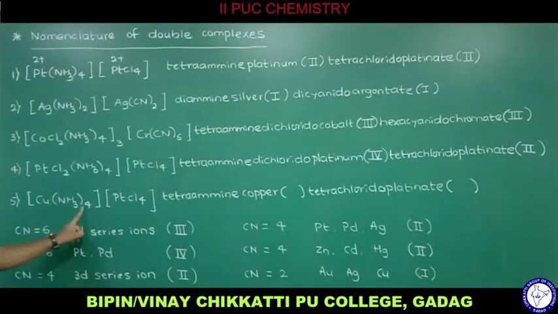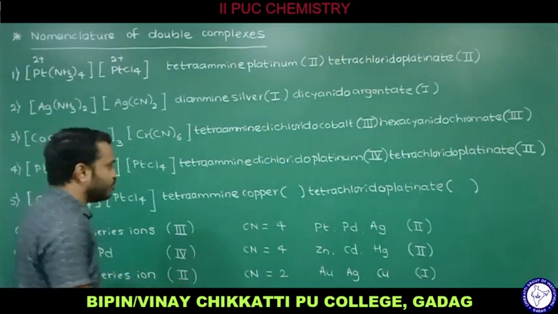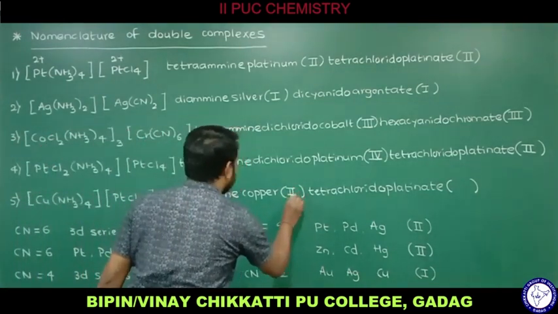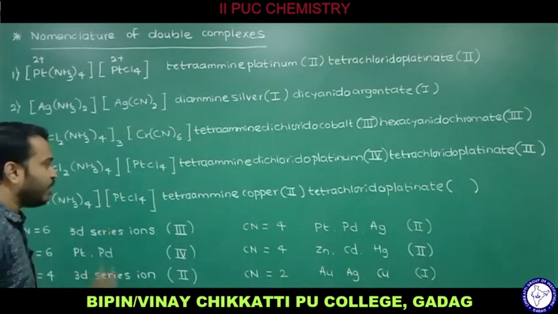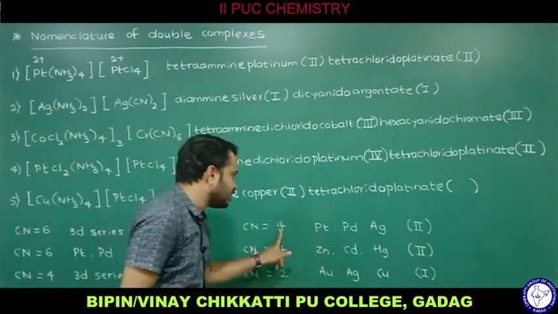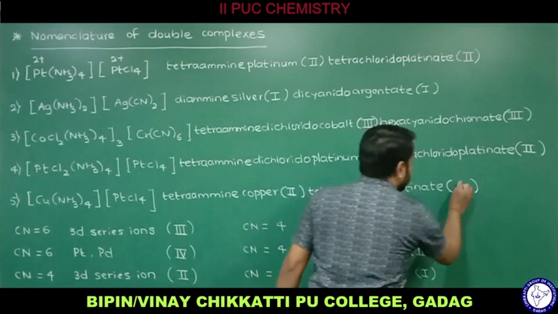Copper we have, and the coordination number is 4. Copper belongs to the 3d series. Oxidation number would be 2. PtCl4, coordination number 4 we have. Platinum we have, coordination number 4. Oxidation number is 2.